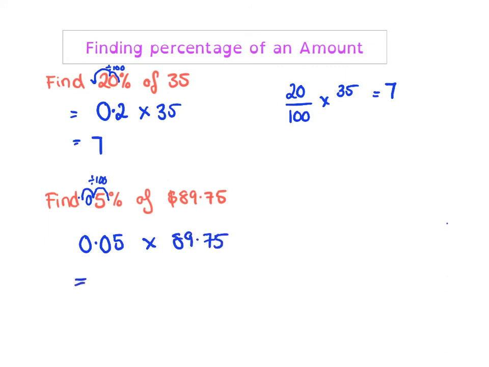You do that on your calculator and we get $4, and I'm going to round to 2 decimal places because we're talking about money. When you're talking about money, doing 2 decimal places means I've done it to the nearest cent. Okay, which is often a good answer for money.